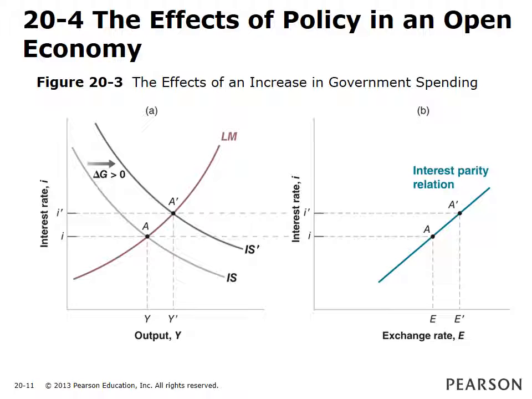The increase in output and appreciation combine to decrease net exports. Higher output increases imports, while the appreciation decreases exports and increases imports. So an increase in the budget deficit due to an increase in government spending leads to a deterioration of the trade balance. If there was trade balance to start, then a budget deficit leads to a trade deficit.